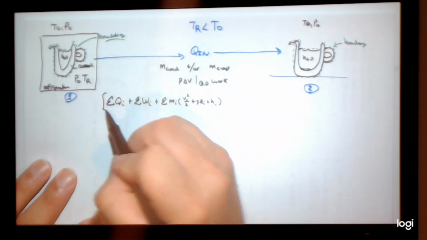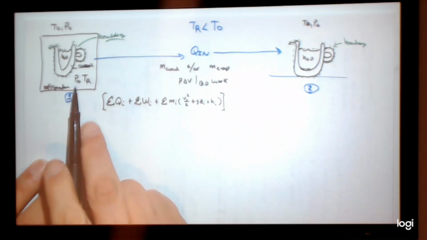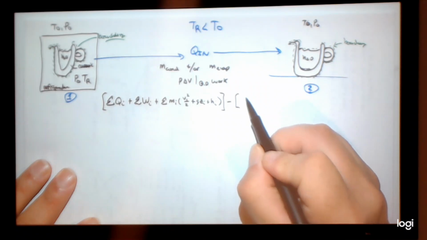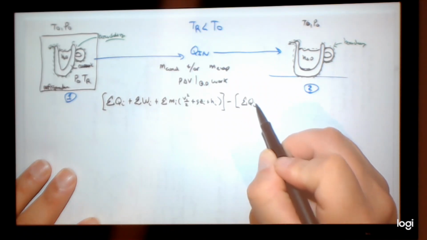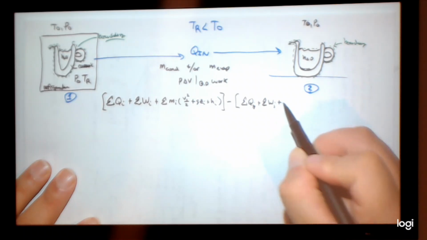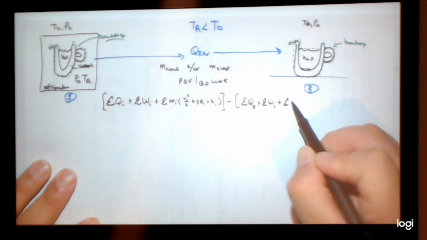And so this would be all the forms of energy in from going from state 1 to state 2. And then we have all the forms of energy out, all the forms of heat out, all the forms of work out, and all the forms of masses out.